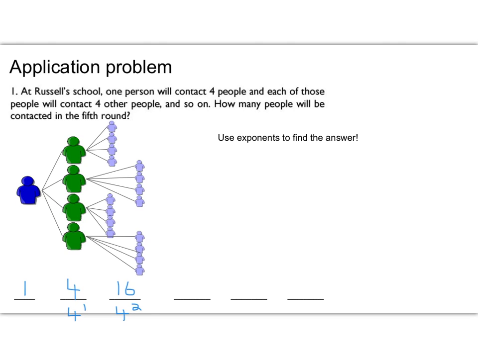So we've done really 1 round, 2 rounds, 3 rounds, 4 rounds, and here is the 5th round. So that's the number that we're looking for. So go ahead and pause the video and try to figure out what goes in these blanks, and then come back and check your answer.